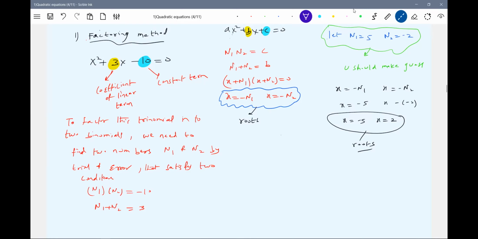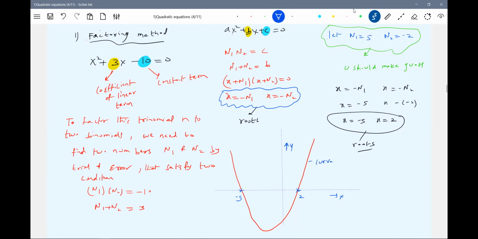If you plot this curve, y is equal to x square plus 3x minus 10, the points of intersection are x equal to 2 and minus 5. So are you getting it now?